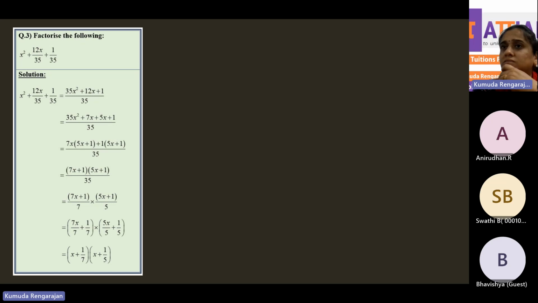Done writing, children? Aniruddhan, Swati and Bhavishya, finished writing? Last step, ma'am.